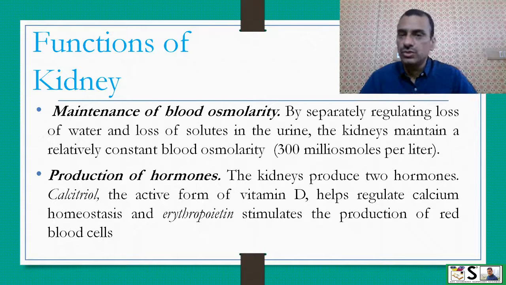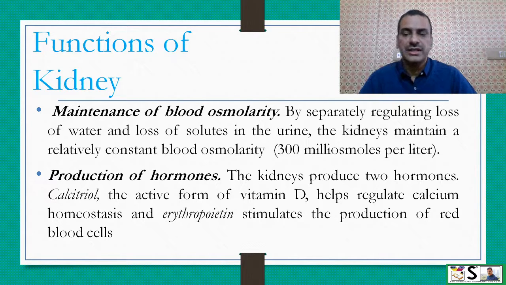Maintenance of blood osmolarity. By separately regulating loss of water and loss of solutes in the urine, kidneys maintain relatively constant blood osmolarity, that is 300 milliosmoles per liter. Production of hormones. The kidneys produce two hormones.